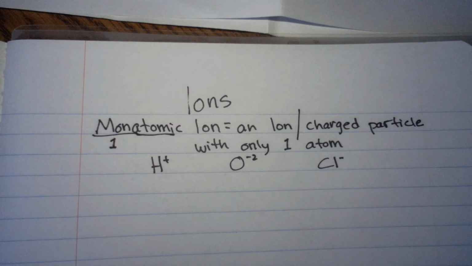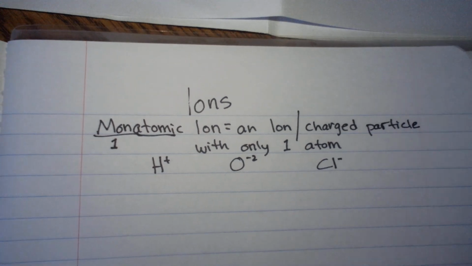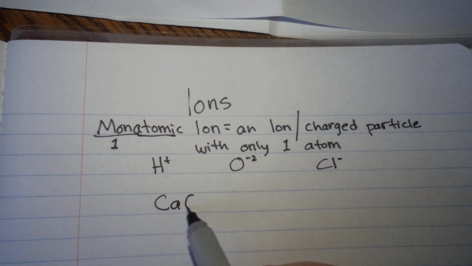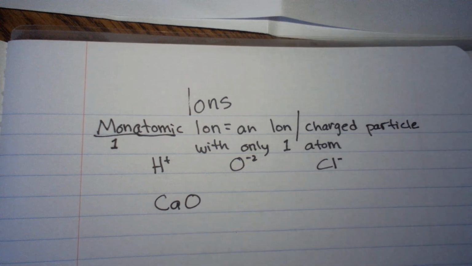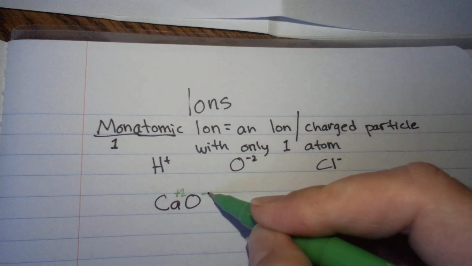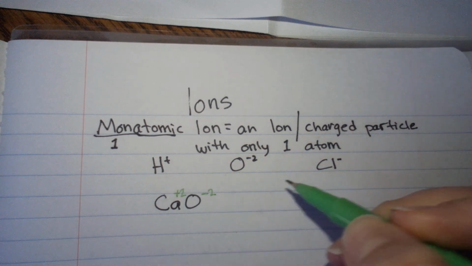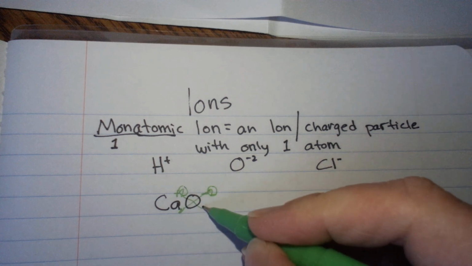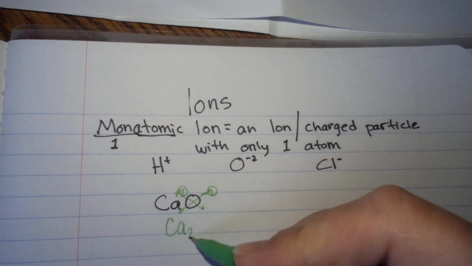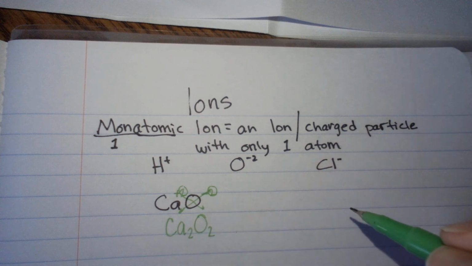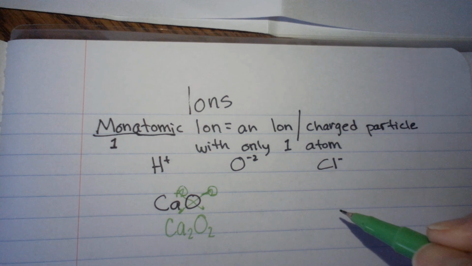Alright, so an example of an ionic bond with monatomic ions might be calcium oxide. We know that calcium would make a +2 charge and oxygen would make a -2 charge. So if we were to do our crisscross method, we would have gotten Ca2, so calcium 2, and oxygen 2. But we know that we can reduce those.